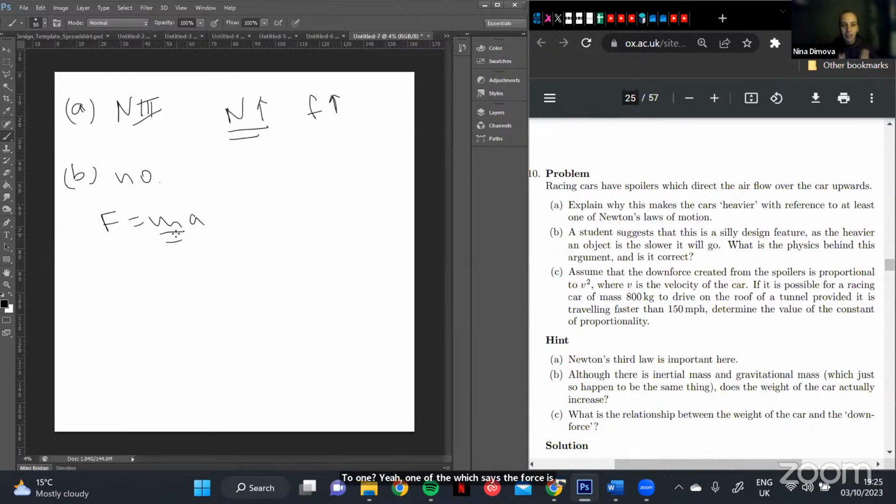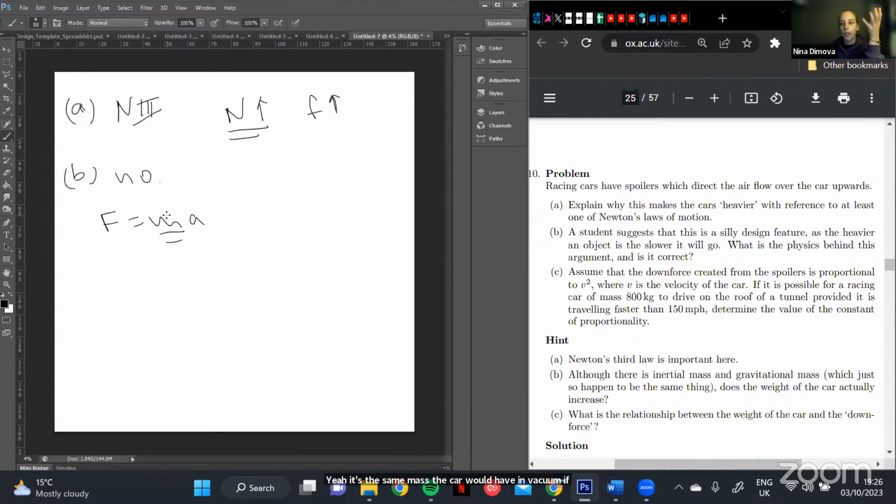Something which you'll do very well to remember for interviews as well is that this mass is the inertial mass of the object. It's just what it's called. And this mass doesn't change. This is just the material from which the car is made. It's the same mass the car would have in vacuum if nothing is acting on it.